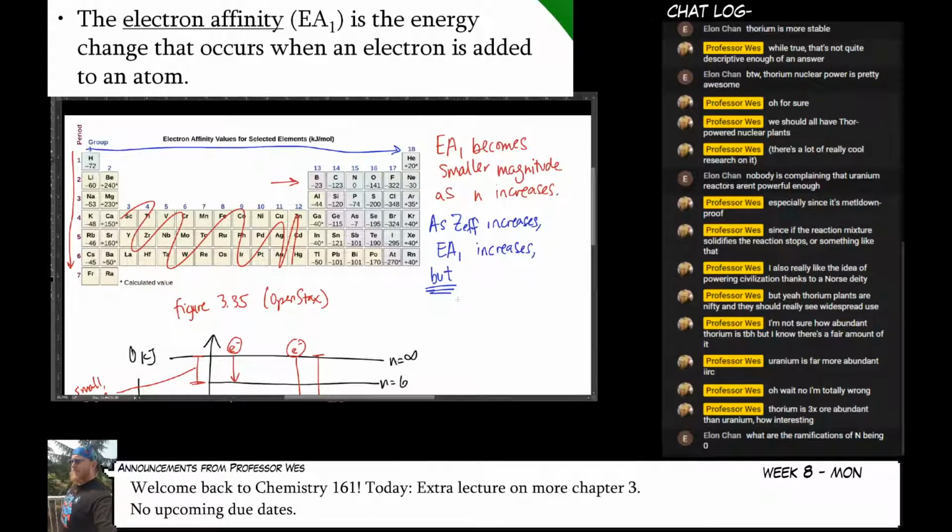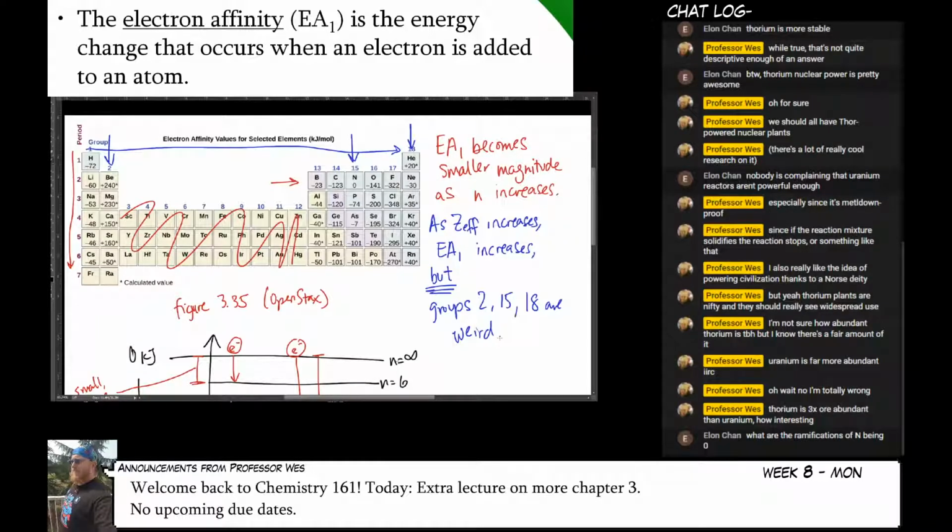But there are some specific columns that have weird things going on, and those columns are these. So 2, 15, and 18. And I'm going to write weird.